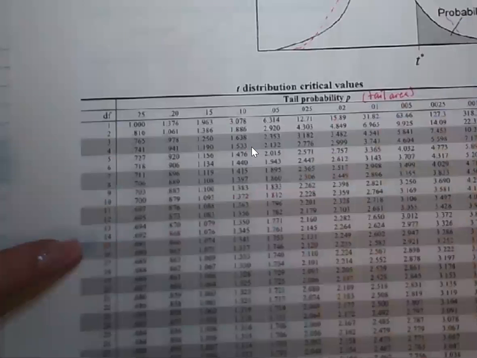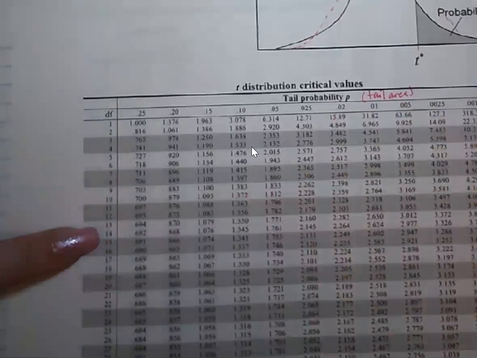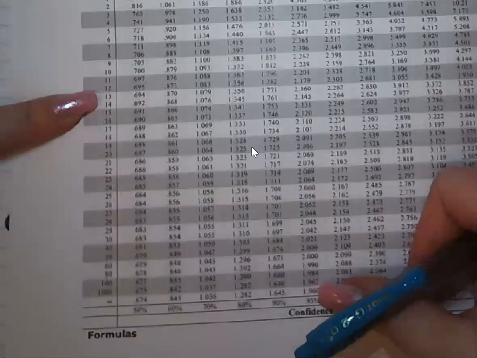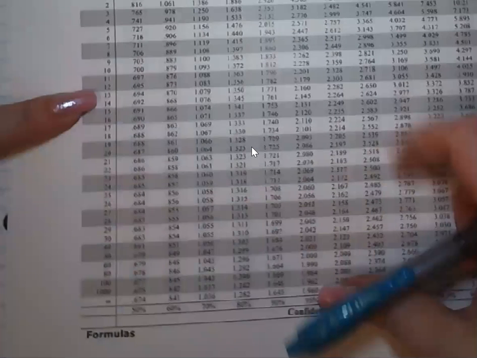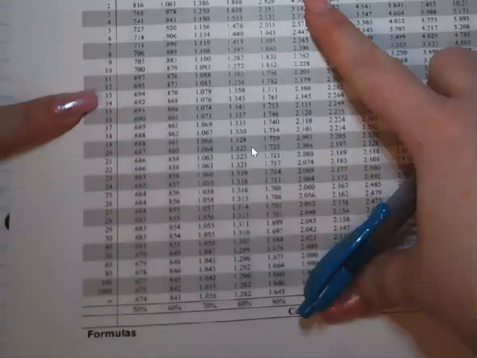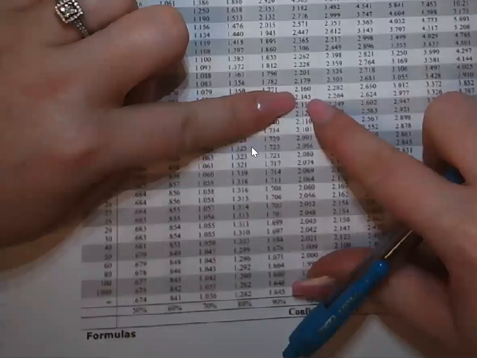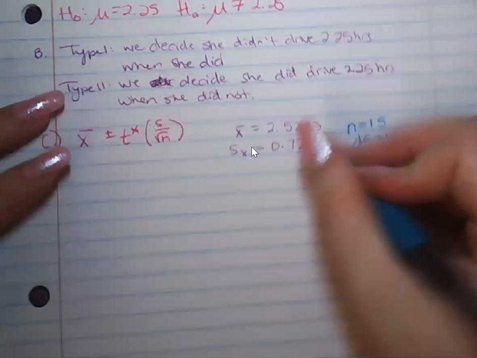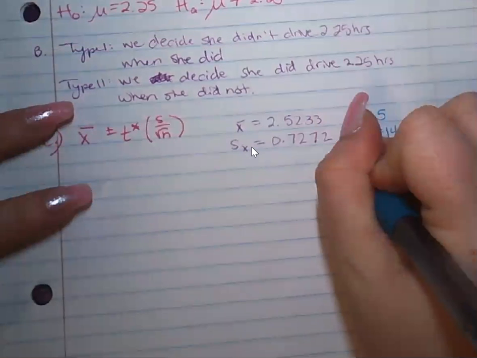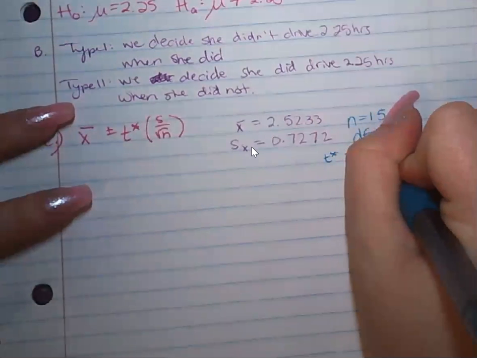All right, so degrees of freedom 14, confidence interval is 95%. It shows on the bottom here, 95% is associated with a tail probability of 0.025. So we're at 2.145 here. So our T star is 2.145.